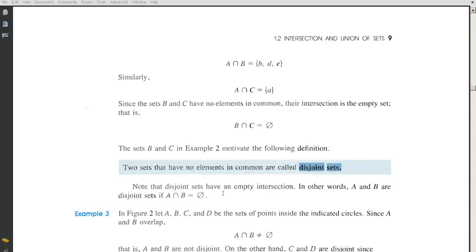So A and B are disjoint if they have nothing in common. It means that their intersection is the empty set. So, for example, in the example up here, A intersect B is not empty, so these are not disjoint. On the other hand, C and D are disjoint.